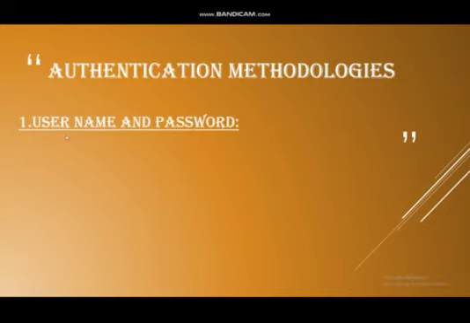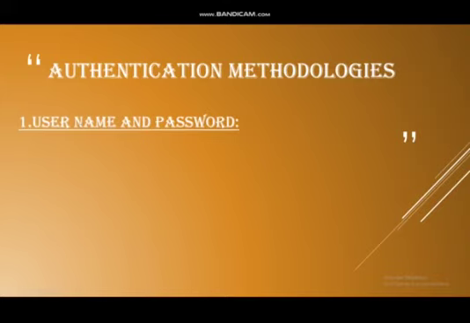For example, if you want to open a Facebook account, you have to enter username and password, then you can access your account. By entering username and password, you can access Facebook account, Instagram, and so on. If the password and username are correct, then you can access.